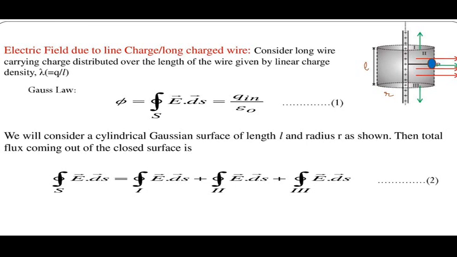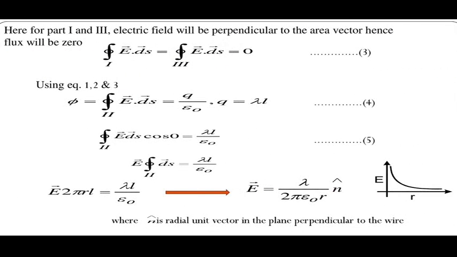Now come to the case of the curved surface, that is surface 2. Here at point P you can see the area vector is pointing in the same direction as that of the electric field. So in equation number 4, we can simply write that the flux is the surface integral of the electric field over the second surface, which is further equal to Q by epsilon naught.